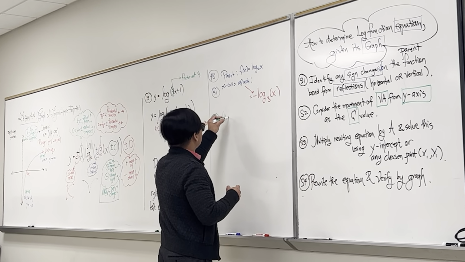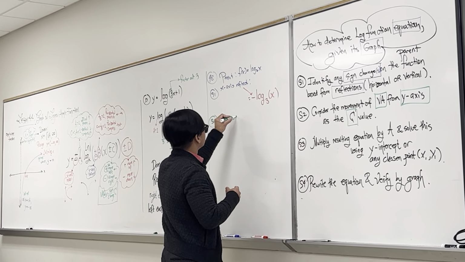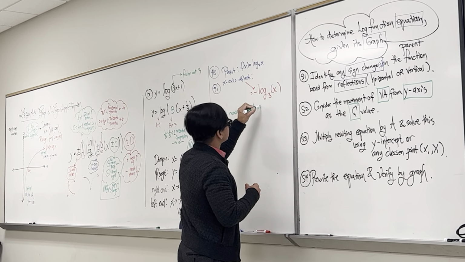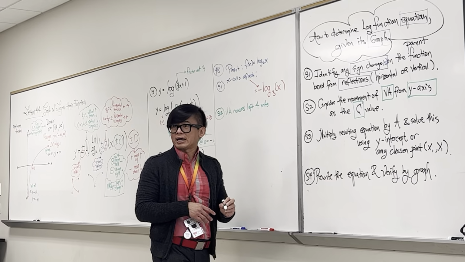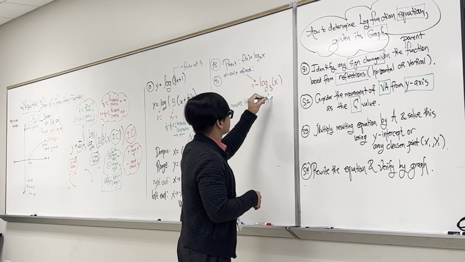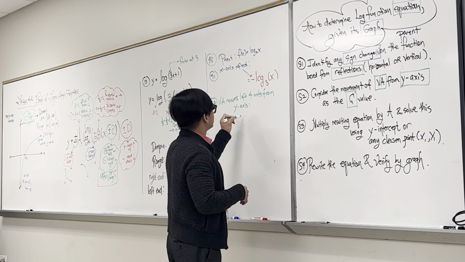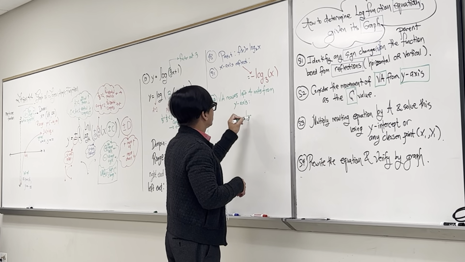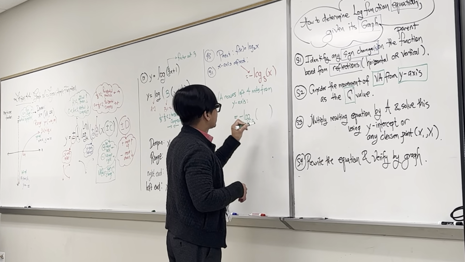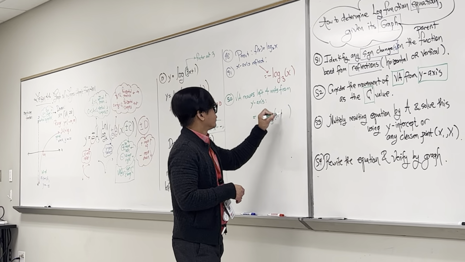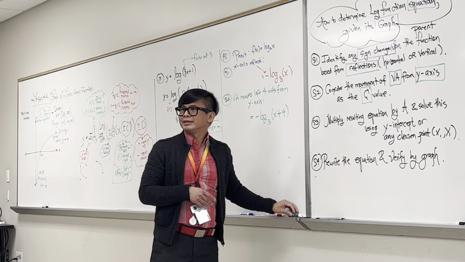The VA moves left 4 units from the y-axis, okay? From the y-axis. Hence, your C is equal to what? Negative log base 3. Inside in here is what? X plus 4. Very good. Right.